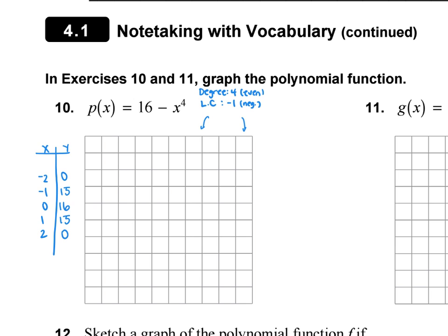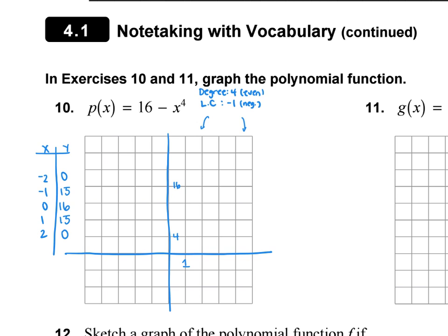Now we are ready to create a graph. So let's go ahead and draw our XY plane. Alright, so I'm going to go ahead and use a scale of 4 on the y-axis and a scale of 1 on the x-axis.